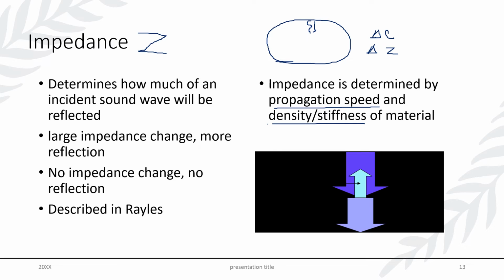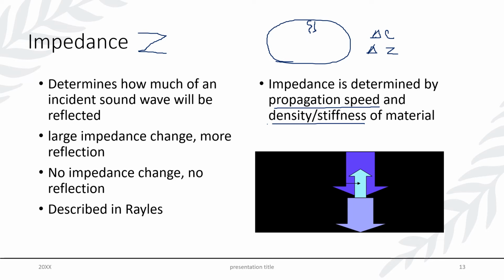If the sound wave went through a material with zero impedance, a consistent propagation speed, consistent density, consistent stiffness, we would get no reflections. And so impedance is important because it provides us with the reflections that create a brightness on our image.